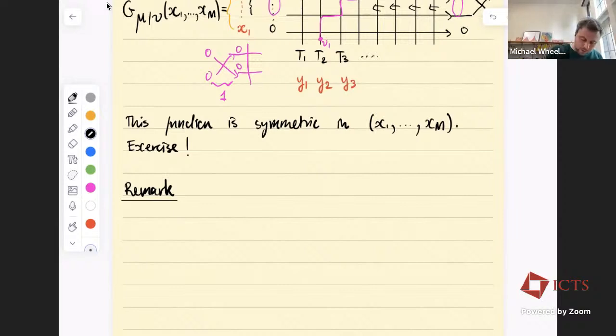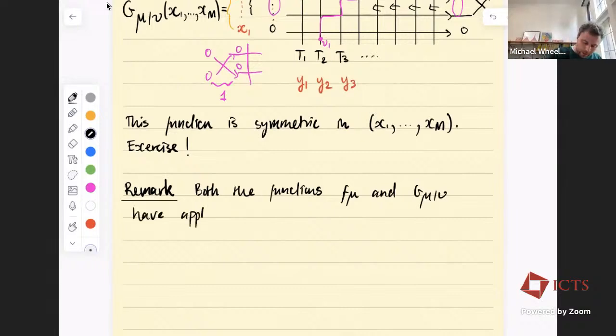So both of the functions f mu and g mu over nu have application to integrable probability.